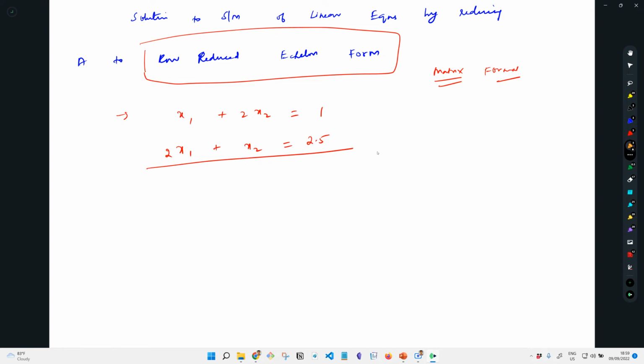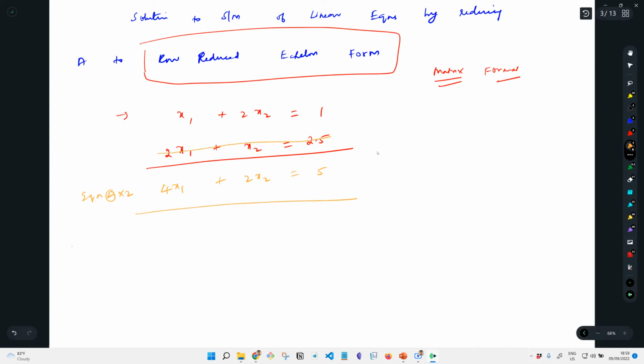Now to do variable elimination, let's say we eliminate x2 first. Then what will you do? Multiply equation 2 by 2. So equation 2 times 2 will give you 4x1 plus 2 times x2 equals 5. Then we will forget about this equation.